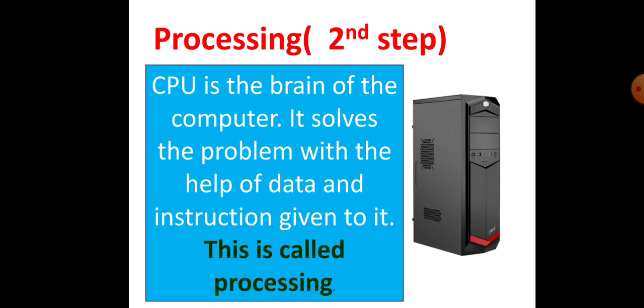Now, the brain solves the problem with the help of the data or instructions given to it. And this is called processing. And CPU is the processing device of a computer. Okay, processing part is the CPU.